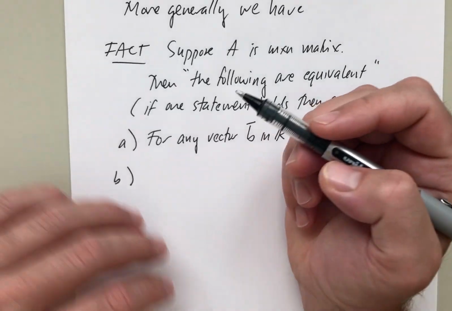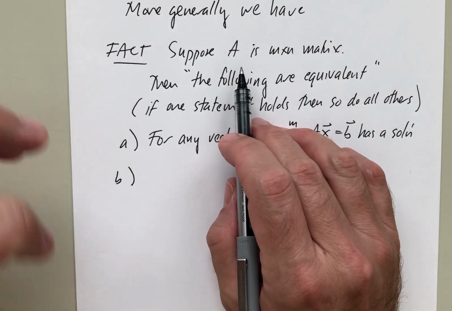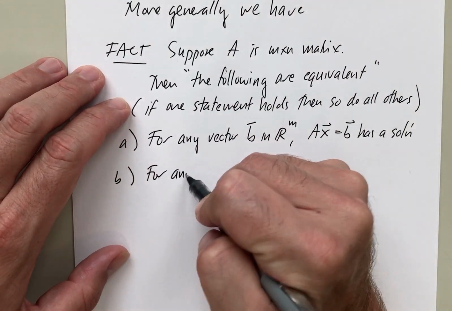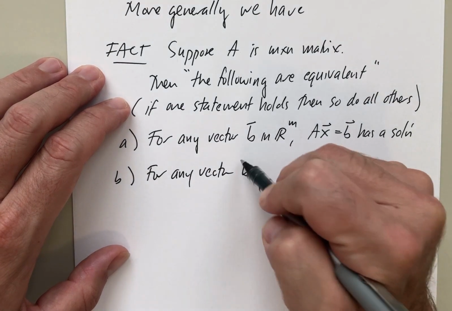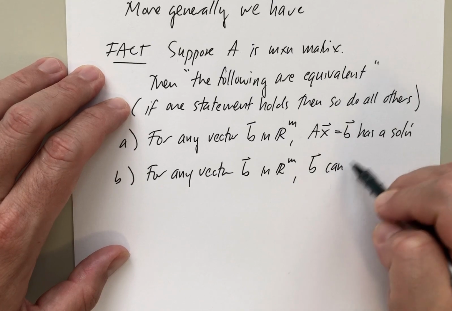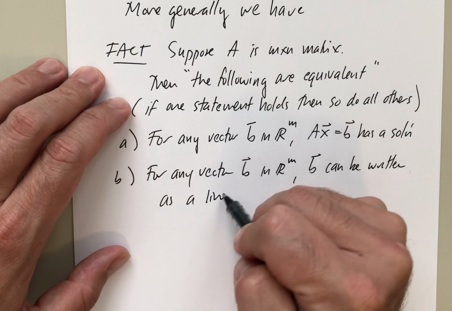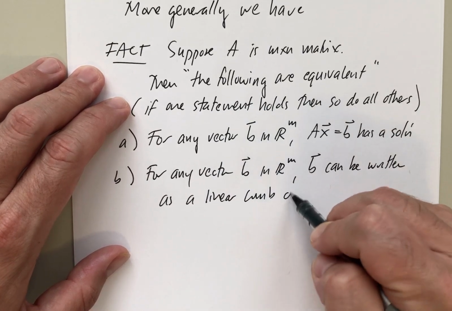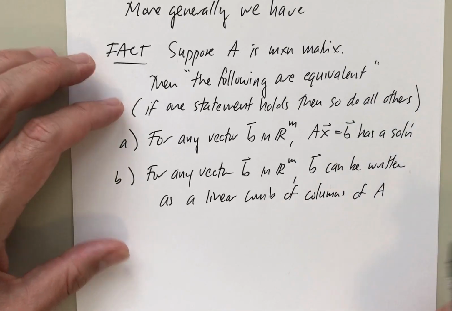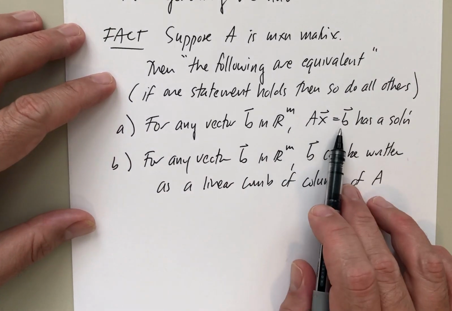It turns out that this is equivalent to saying, well, remember the matrix equation has the same solution set as the vector equation. So if we translate that, what that's saying is for any vector b in Rm, b can be written as a linear combination of the columns of A. Remember, if Ax equals b has a solution, that means there's some x that always works here.